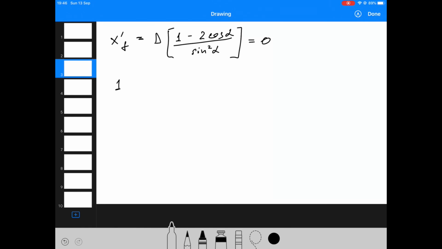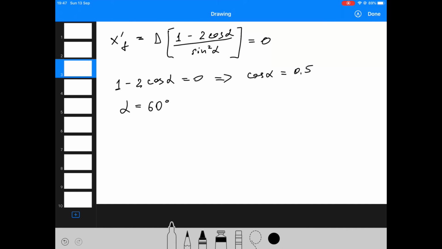That's why I told you earlier that we will not need D for our final equation. So 1 minus 2 cosine alpha is equal to 0, which means that our cosine alpha is equal to 0.5, and our alpha, which we're looking for, is equal to 60 degrees.